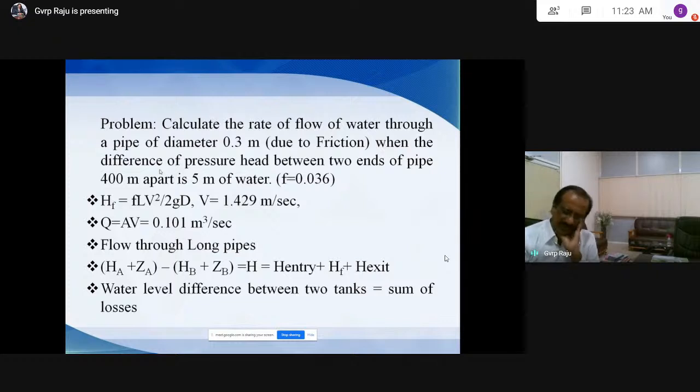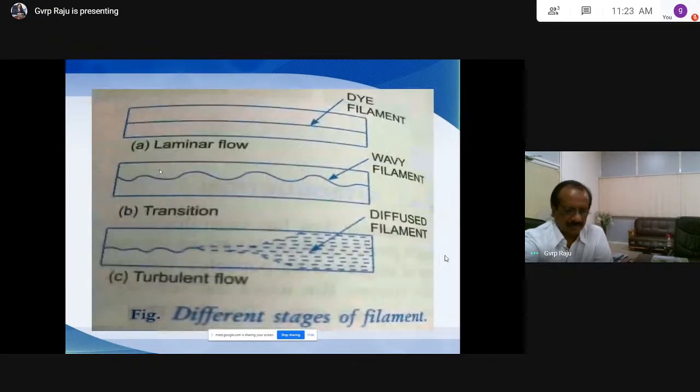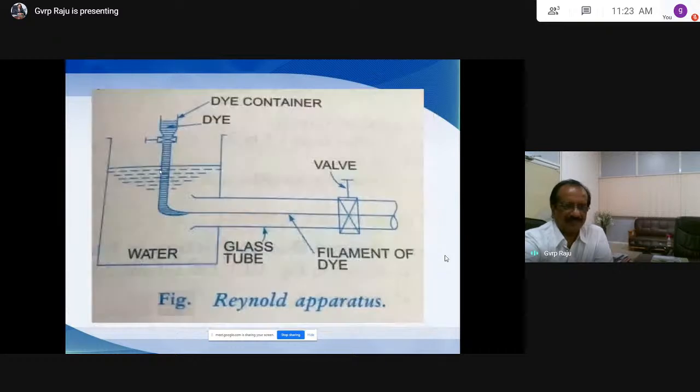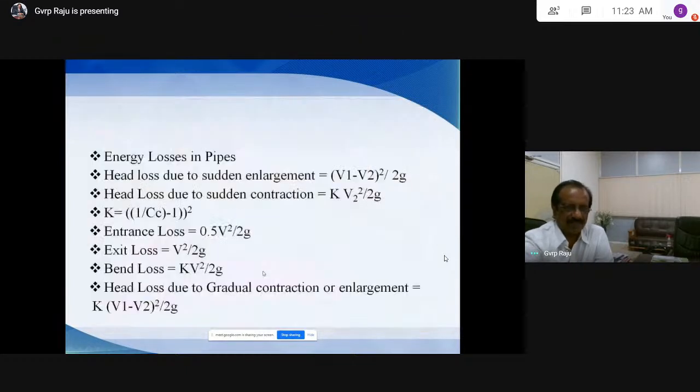What I suggest is, try to refresh and try to remember the equations I have given so far. For example, the Reynolds number, VD by nu, the 2000 limit, hydraulic radius, Chezy formula, Manning's equation, and losses here: head loss due to sudden enlargement and sudden contraction, entrance loss, exit loss.